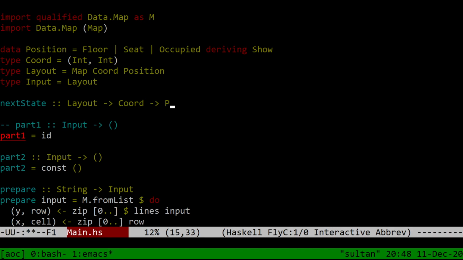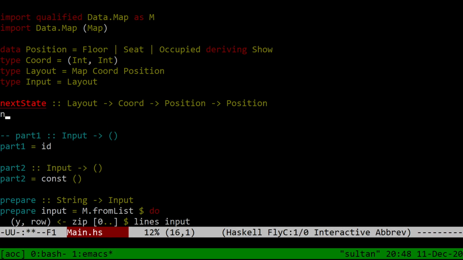And then we want a position, right? Actually, if we're going to use data map's map with key, we should probably take the current state as a direct argument instead of just looking it up in the coordinate, because it's going to give it to us anyway. Map with key wants you to take the key first and then the position.